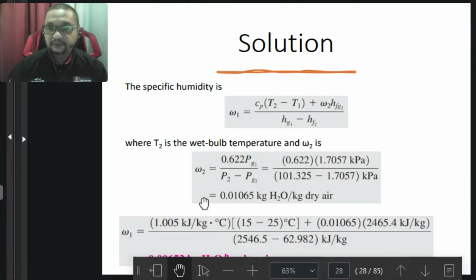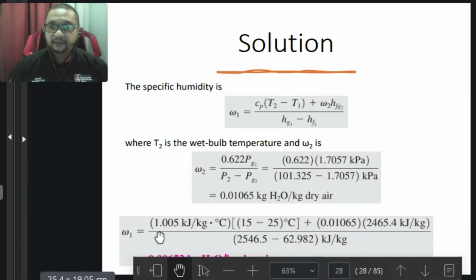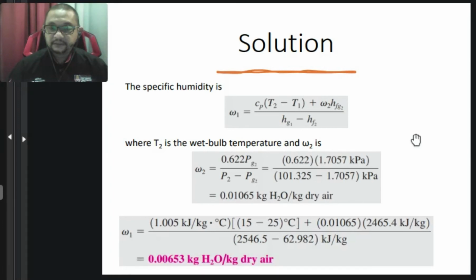So omega 2 becomes 0.01065 kilogram H2O per kilogram dry air. Using this value of omega 2, at the end you will get omega 1 equals 0.00653. This is the specific humidity.